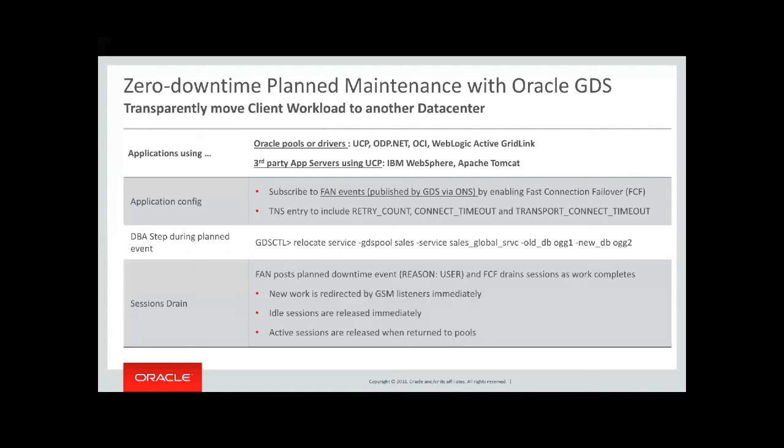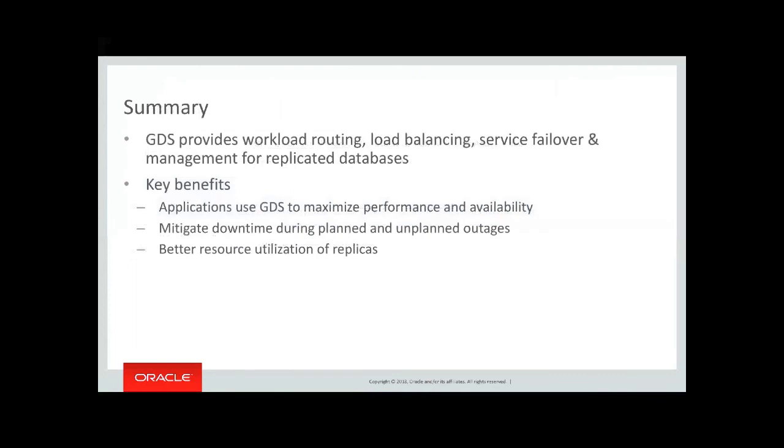So bottom line, we talked about how GDS provides workload routing and load balancing, both connect time as well as runtime. And we also talked about how it fails over services based on the policies that you get to set. It's a vehicle for you to manage your workload across replicated environments seamlessly and transparently. The key benefits: GDS allows you to maximize the performance of your application as well as its availability.